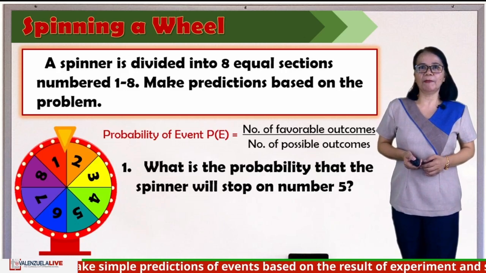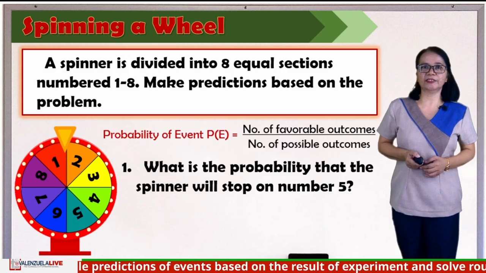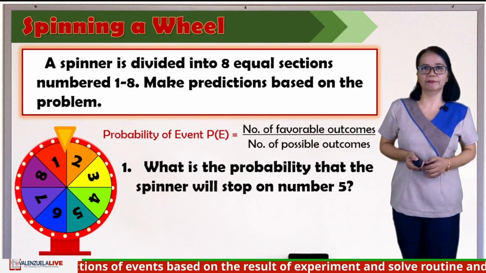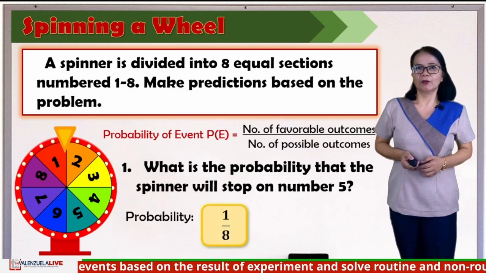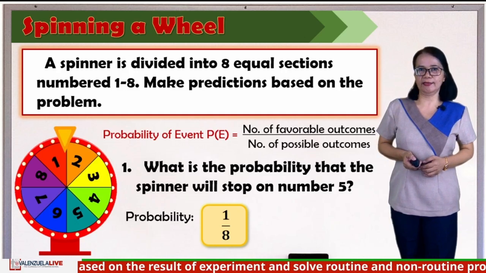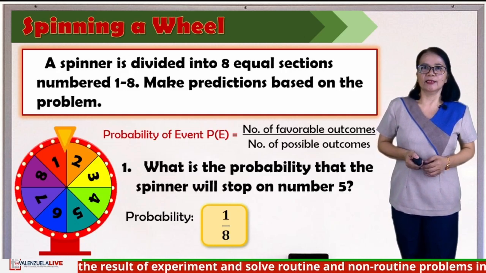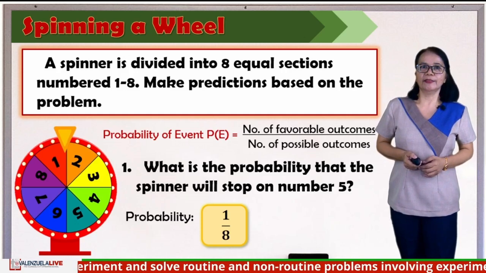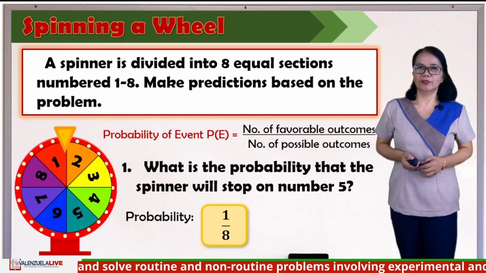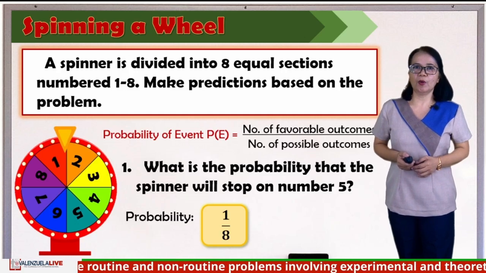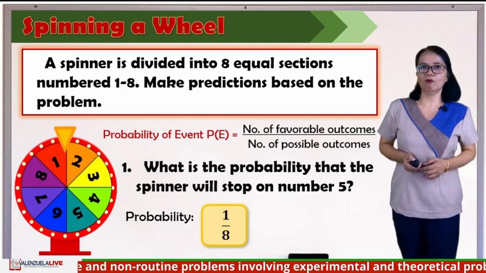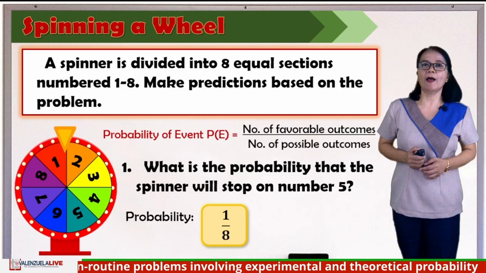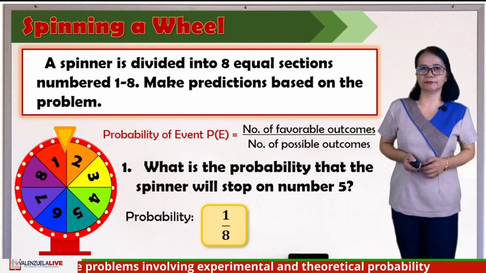What is the probability that a spinner will stop on number 5? Correct, it is 1/8. Since in the spinner, there is only one number 5. Therefore, there is only one favorable outcome over the total number of possible outcomes.